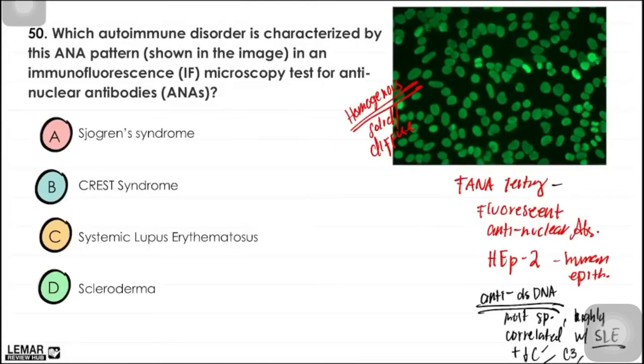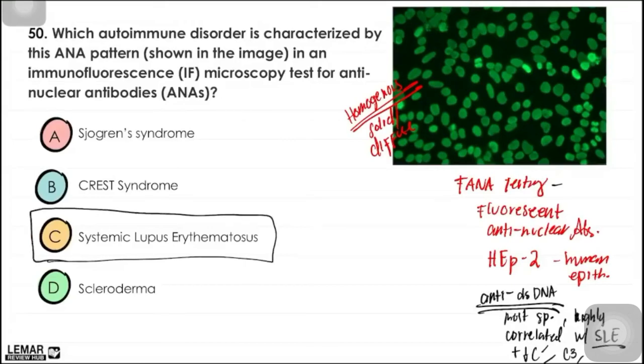It gives a sensitive assay if we test for anti-dsDNA using an immunofluorescent test with Crithidia lucilae. Remember that, a hemoflagellate used as a substrate to detect the presence of anti-dsDNA. So in our choices, it highly suggests systemic lupus erythematosus.